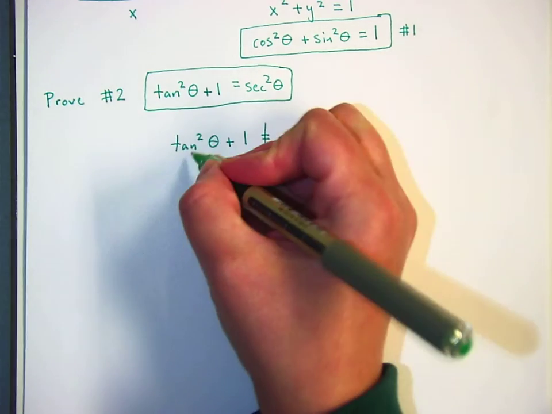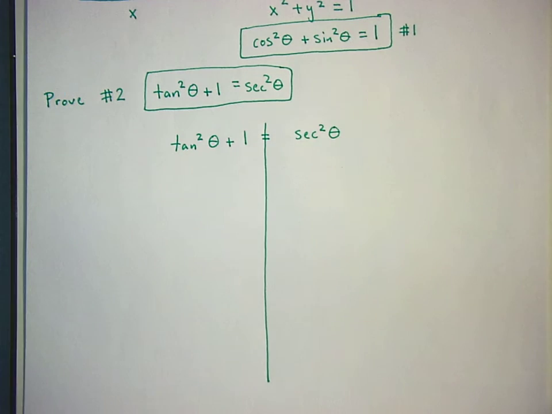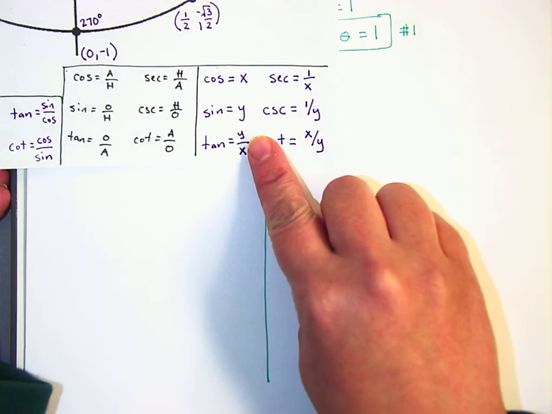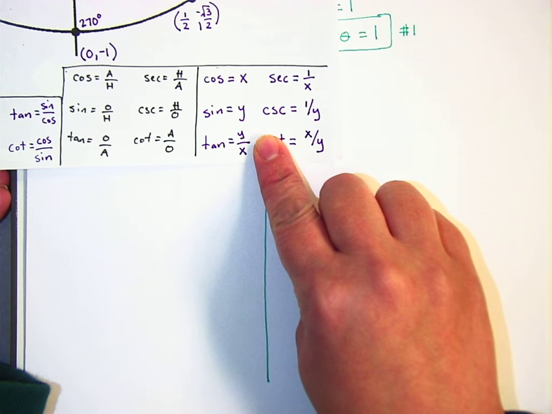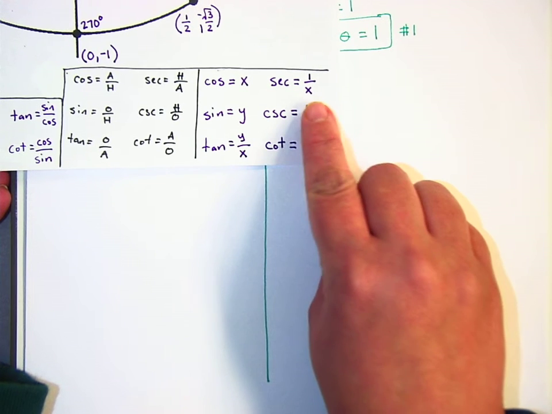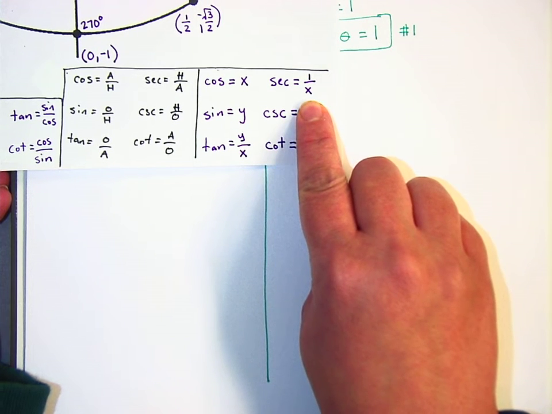So I'm going to start by writing out tangent and secant in the ways that our unit circle says. So like it says here that tangent is y over x, and that secant is 1 over x.